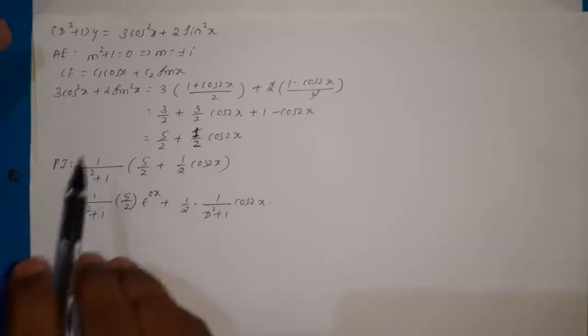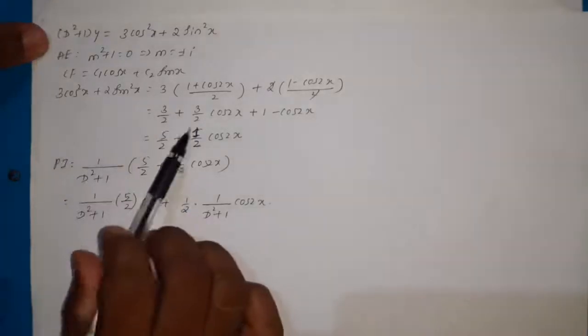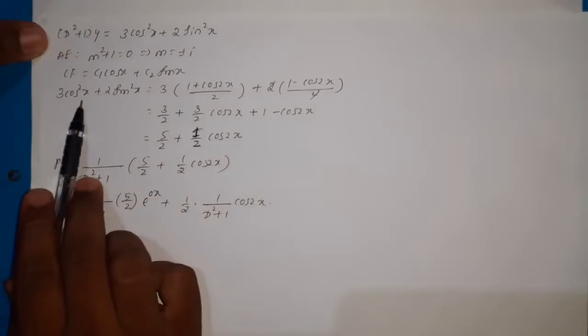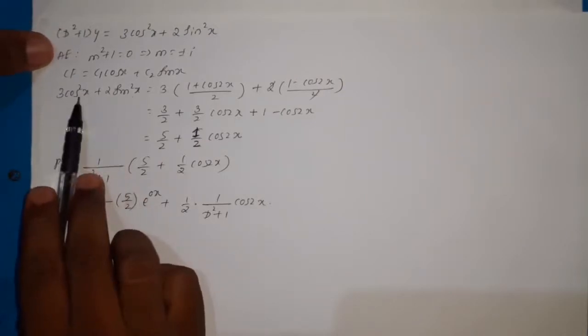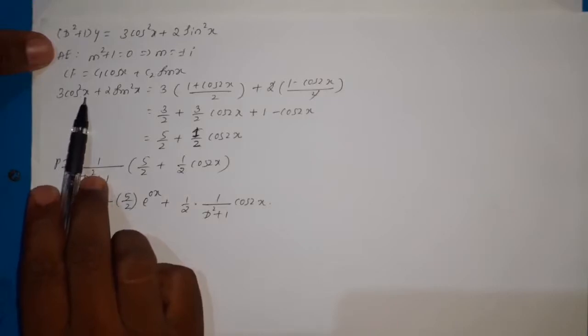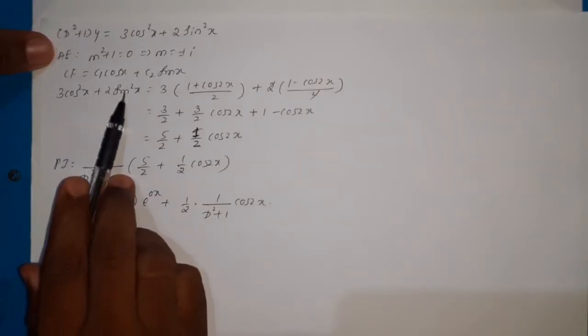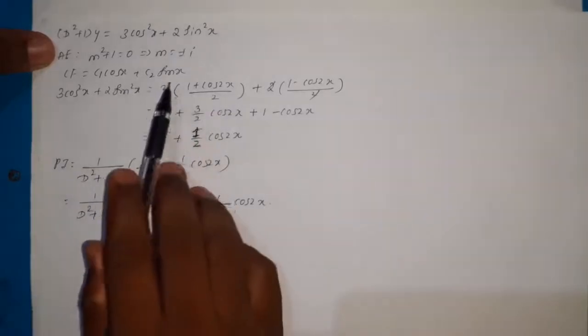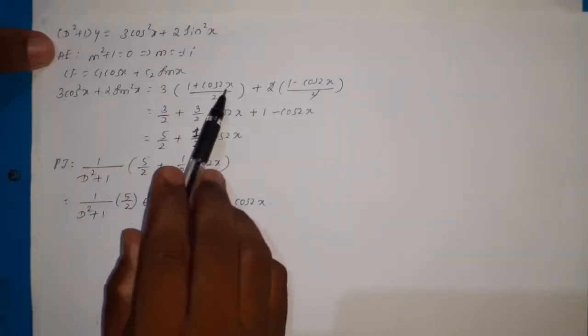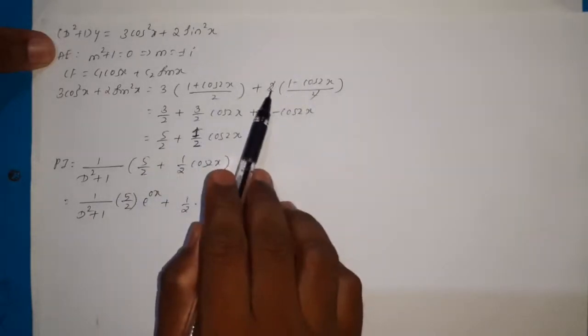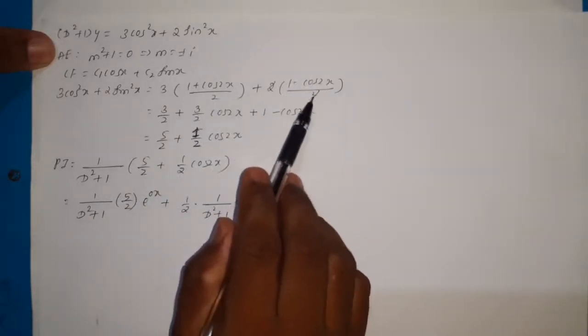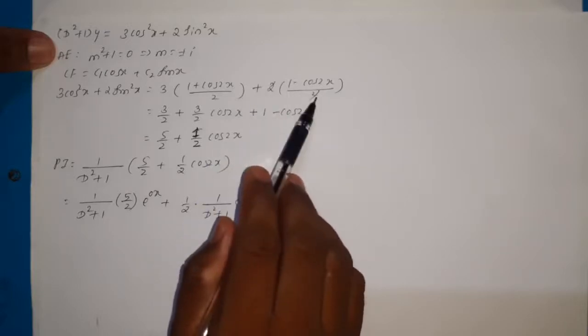Now here first let us simplify the function on the RHS. So 3 cos square x plus 2 sin square x is given. We know that cos square is 1 plus cos 2x divided by 2 and sin square is 1 minus cos 2x divided by 2. So by using that identity, 3 into 1 plus cos 2x divided by 2, and here 2 as it is, 1 minus cos 2x divided by 2, 2 and 2 get cancelled.